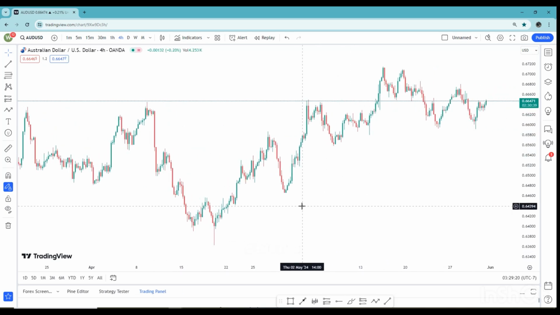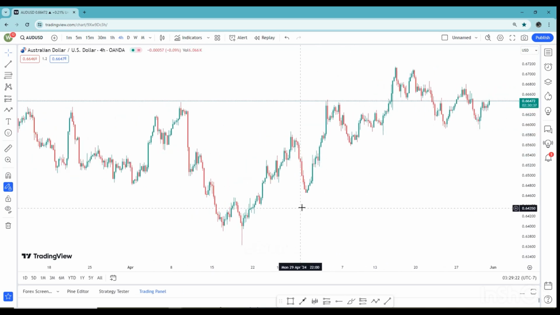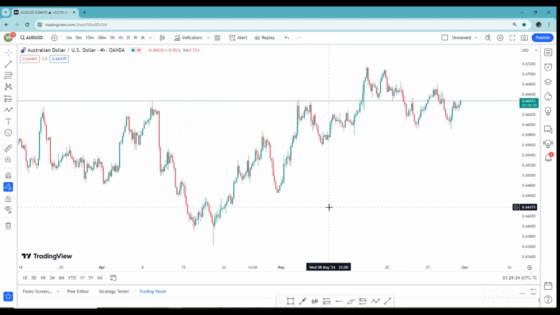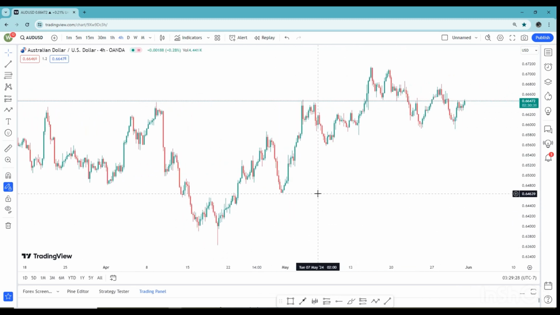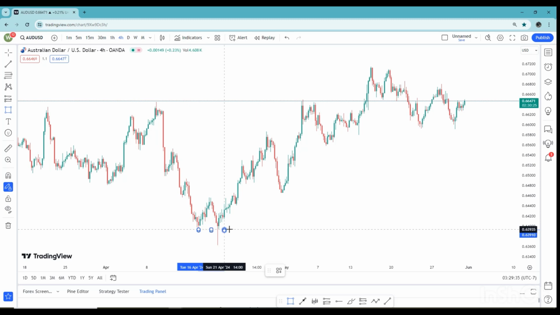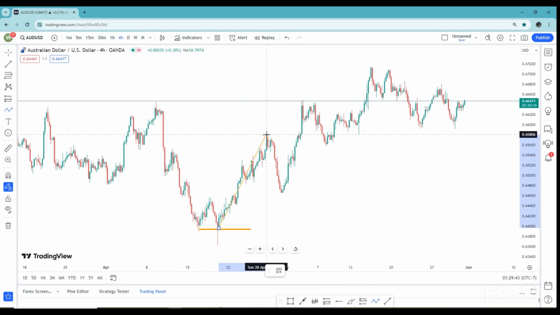So as we can see here, we have AUD USD for the second time. We can see that the market has been at this point here, and after this point, we had an uptrend up to this point, and then we had a pullback.